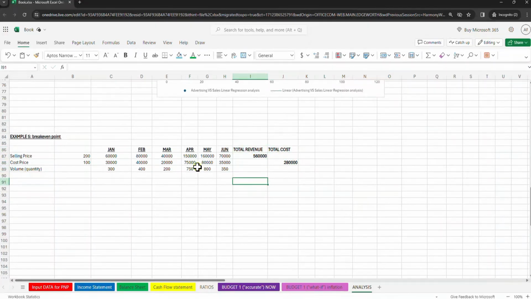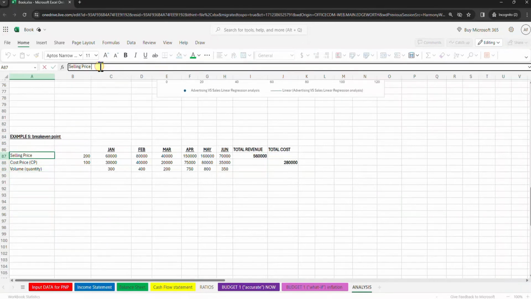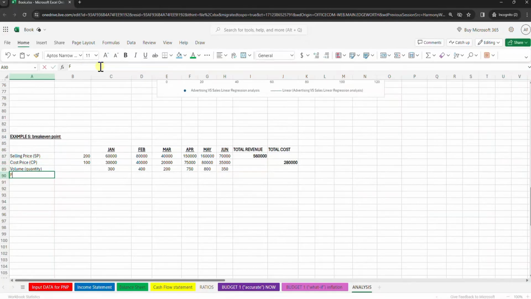All right, so if I'm looking at break-even point, we need additional information here. We need costs as well. We need fixed cost. That's cost, that's variable cost, so CP, and selling price. And then we need fixed costs. So maybe for the month of January, there were a certain number of fixed costs.